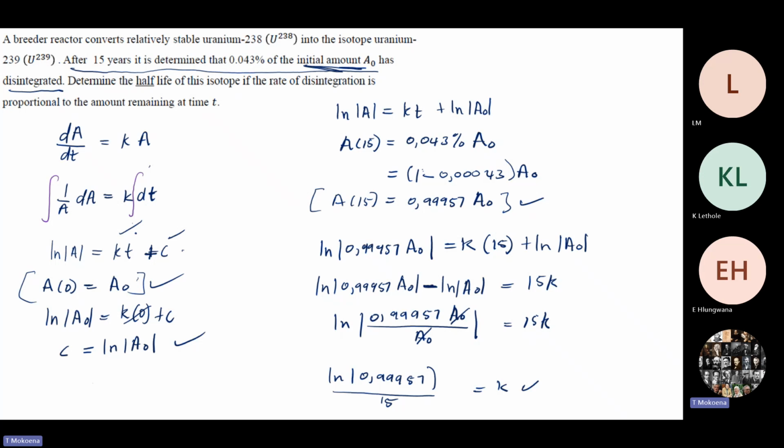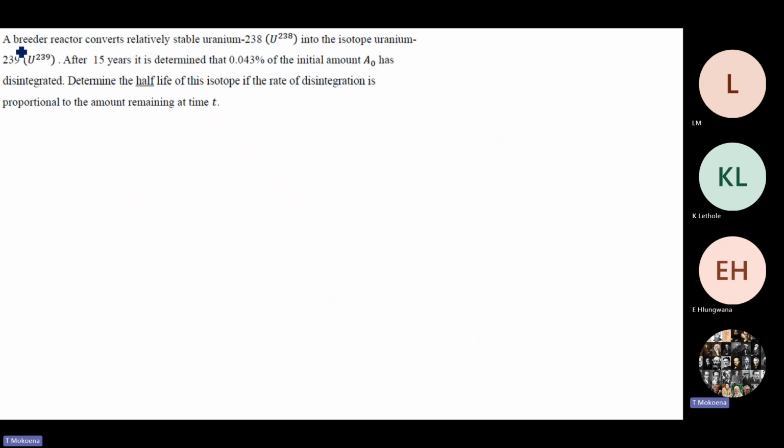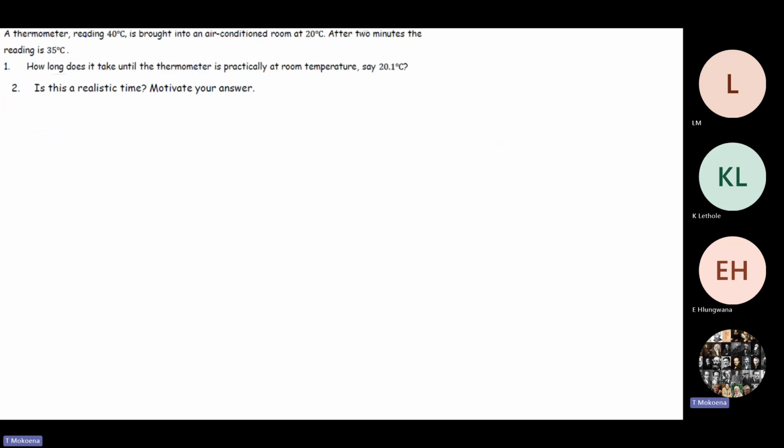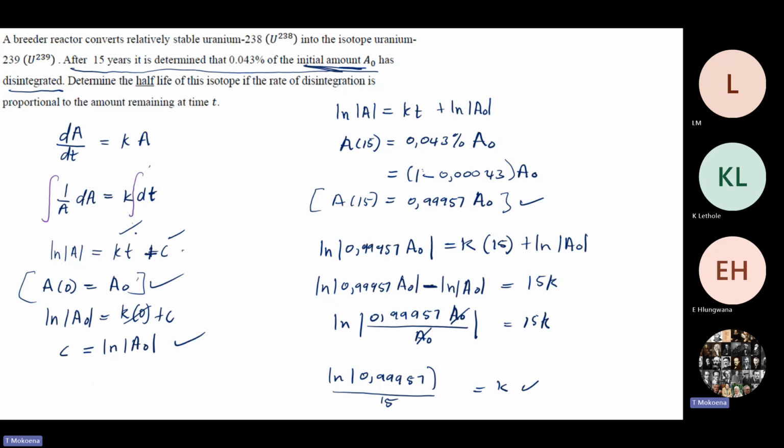So now let us go and substitute. We have ln A, so we're going to have ln A is equal to K. Our K we said is how much? I don't like writing the fat, but let's round it to two decimal places.